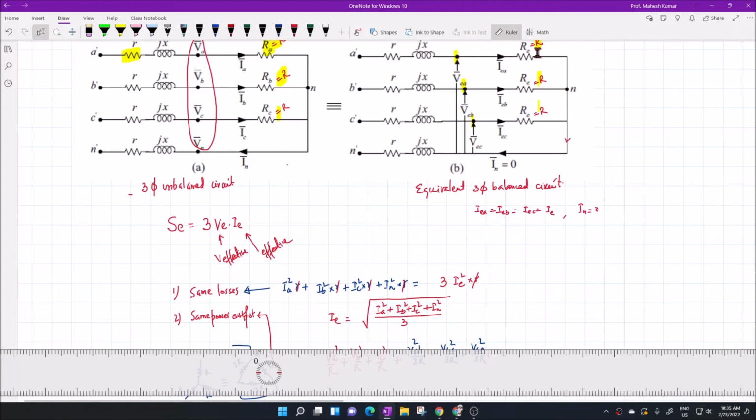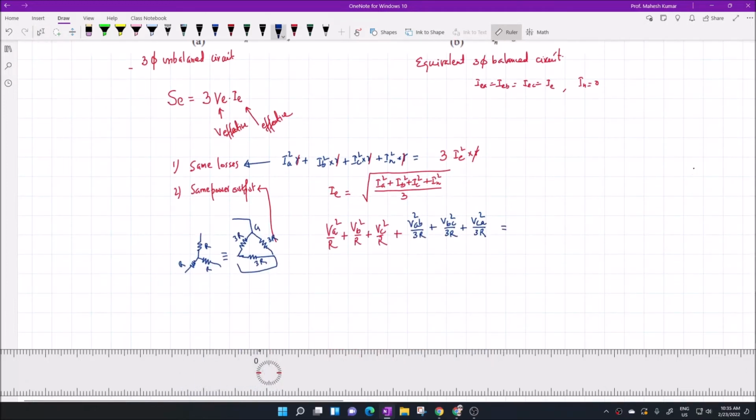VE square by R. Each has VE square by R for the phase voltages, and then equivalent delta, if I convert, it will be root 3 VE by R. So we can write this expression as 3 VE square by R plus 3 root 3 VE square by R. This accounts for line to line voltage for the balance circuit supplying delta load, equivalent delta load, for three-phase unbalanced circuits. So this is the equivalence.